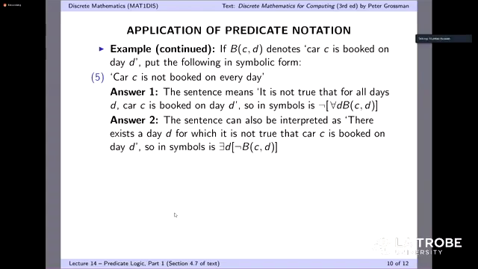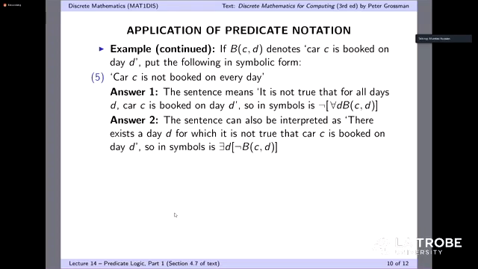And we are saying C is not booked on any day D. So for all days D, this is redundant. This is not needed because that is given to us. But if you write there is a C, it's true. It's not wrong. I mean, we are repeating the same information that is given to us. So it's okay.